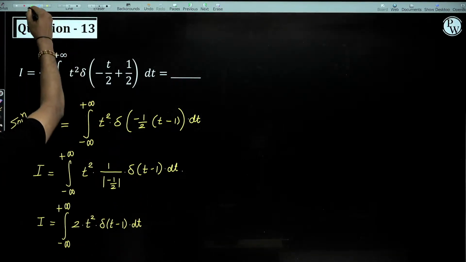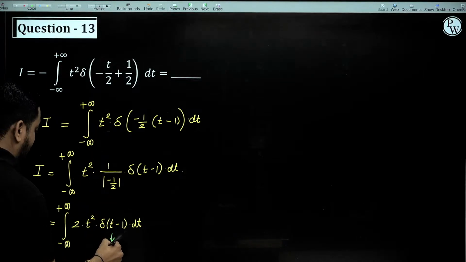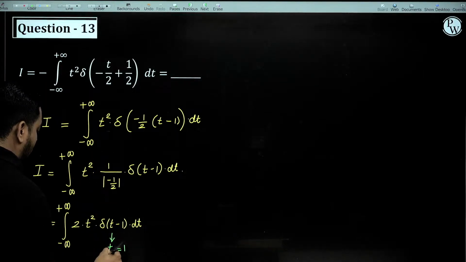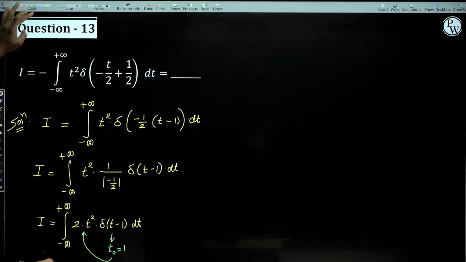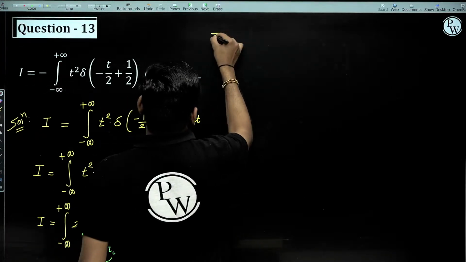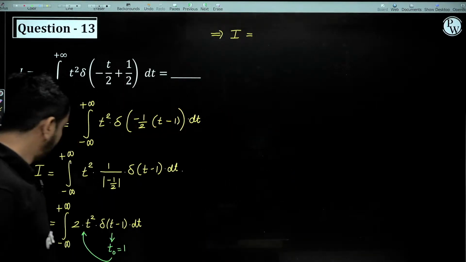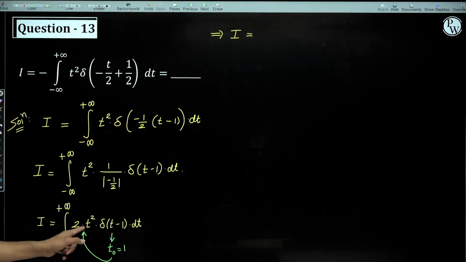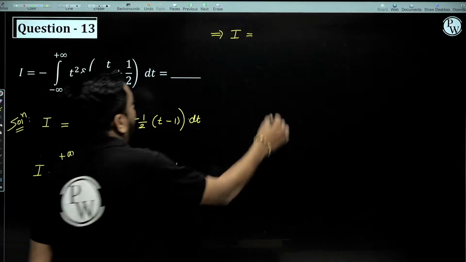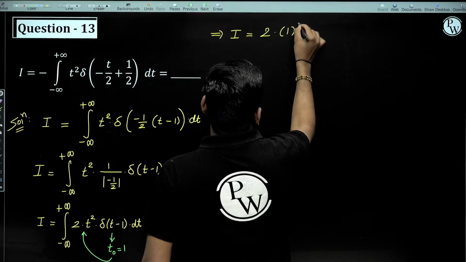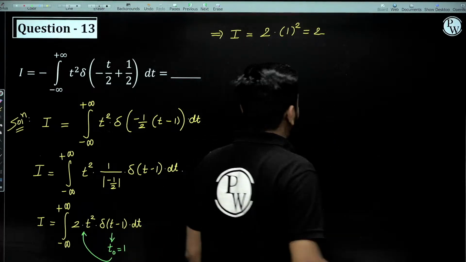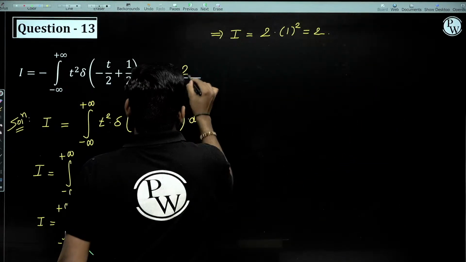Now you can see t naught is equal to 1 and put it here, guys. So I is equal to 2 into 1 square, which is equal to 2. So answer is 2 for this question.